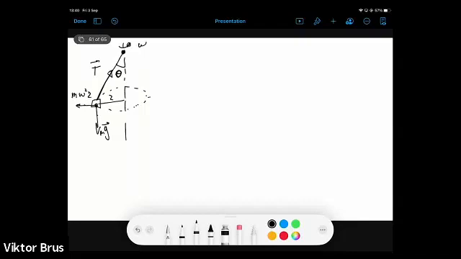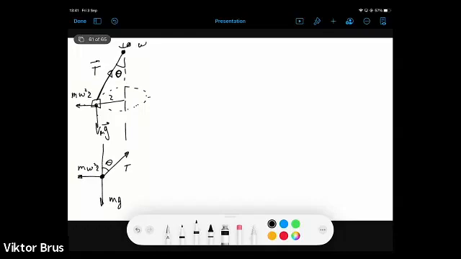So let's say we have, again, just the forces here. It's mg. Then we have this centrifugal force, m omega square r, and this tension force. So this angle here will also be theta.